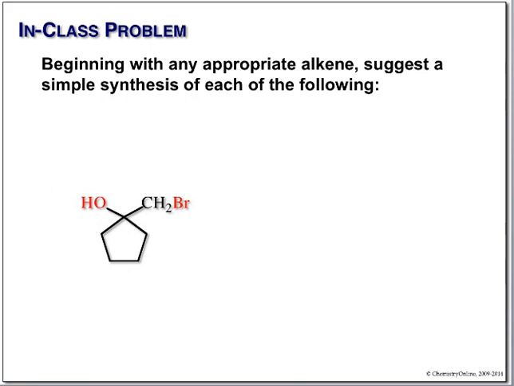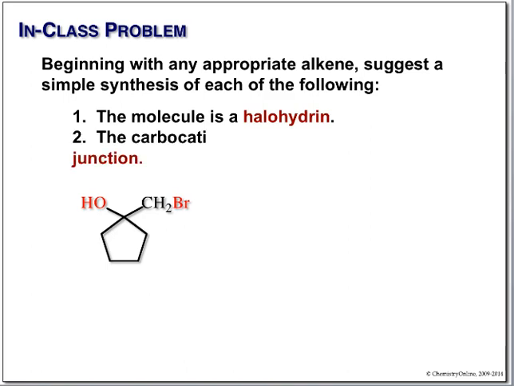What's our functional group here? It's a halohydrin, isn't it? OH on one carbon, halogen on the other. Halohydrin. The hydroxyl group is attached to the tertiary carbon here. That would be our Markovnikov carbon. And that's good, because the only way we know to do this is to simply add HOBr to an alkene.